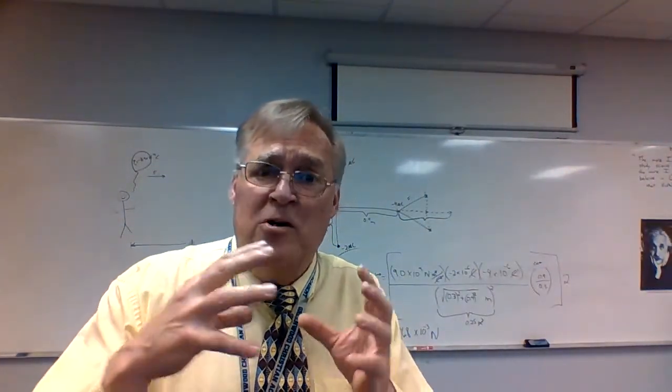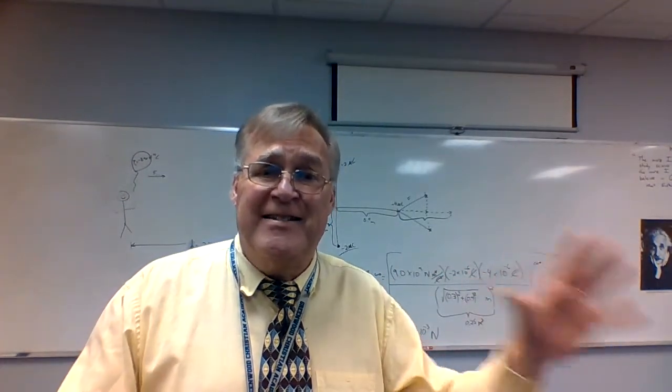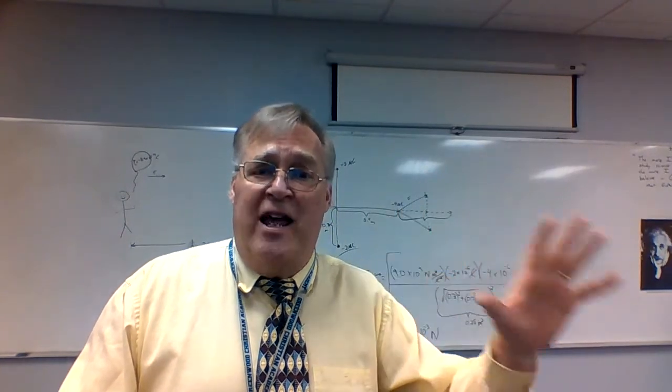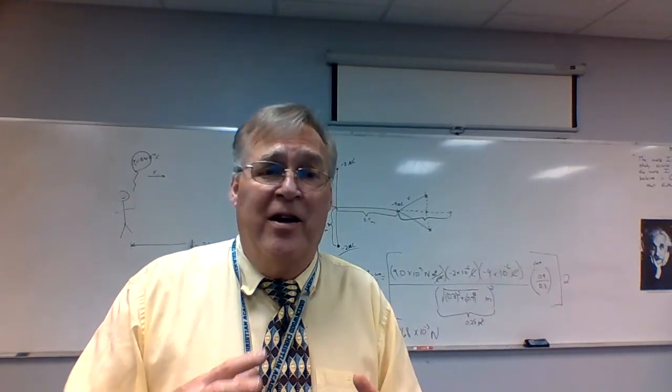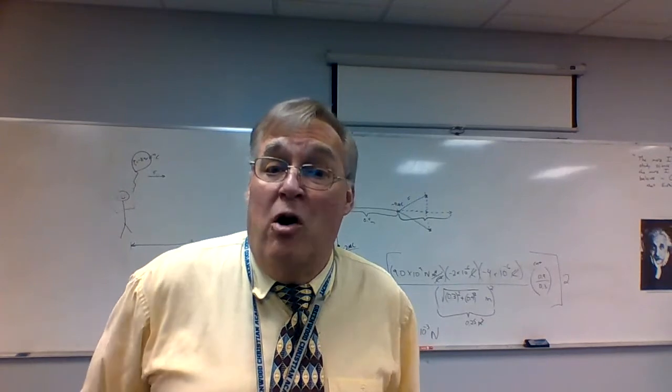But these same strong forces and weak forces exist inside the copper atom. And it's those same forces that keep the copper atom together, and we can't make copper atoms blow apart.